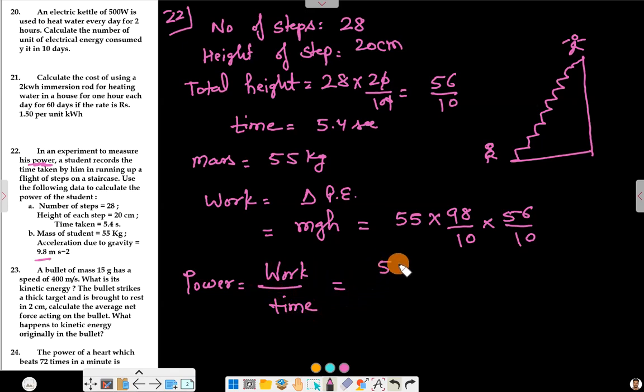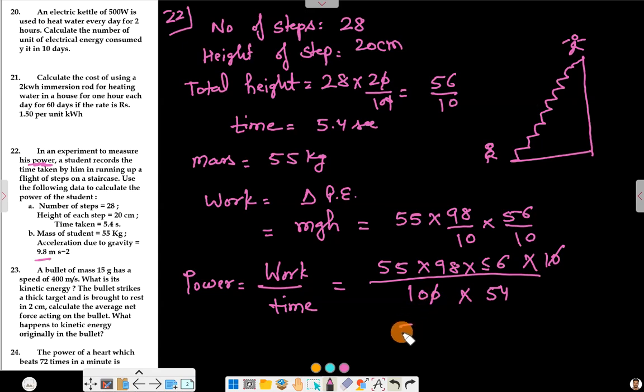So work is 55 into 98 into 56 by 100, and time is 5.4. So this 54 by 10 and the 10 here get cancelled. So after doing calculation, we will get something like 150.